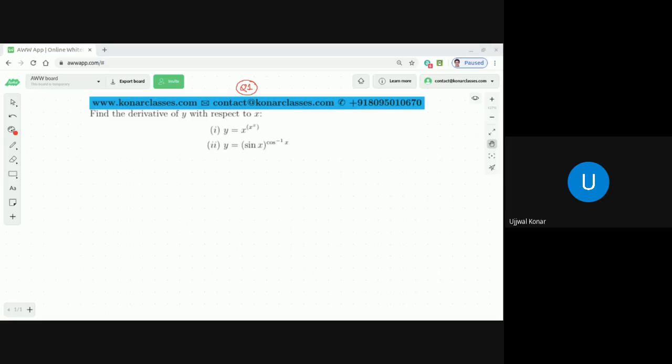Disha, how did you do it? So I took y is equal to x to the power u, and u is equal to x to the power x, and log. Fantastic, very good. After that, you took log, right? Yes. Very good, right approach. Srijita, what was your approach?